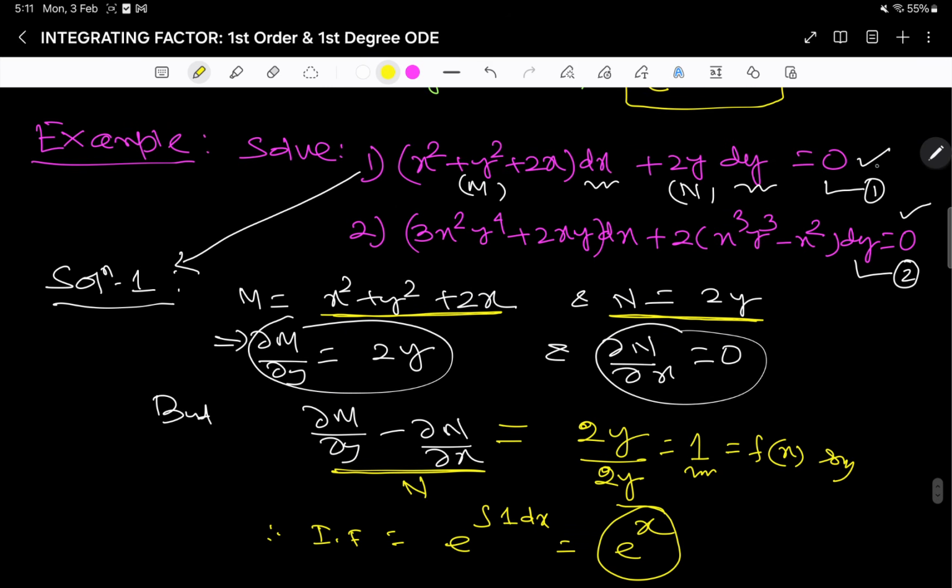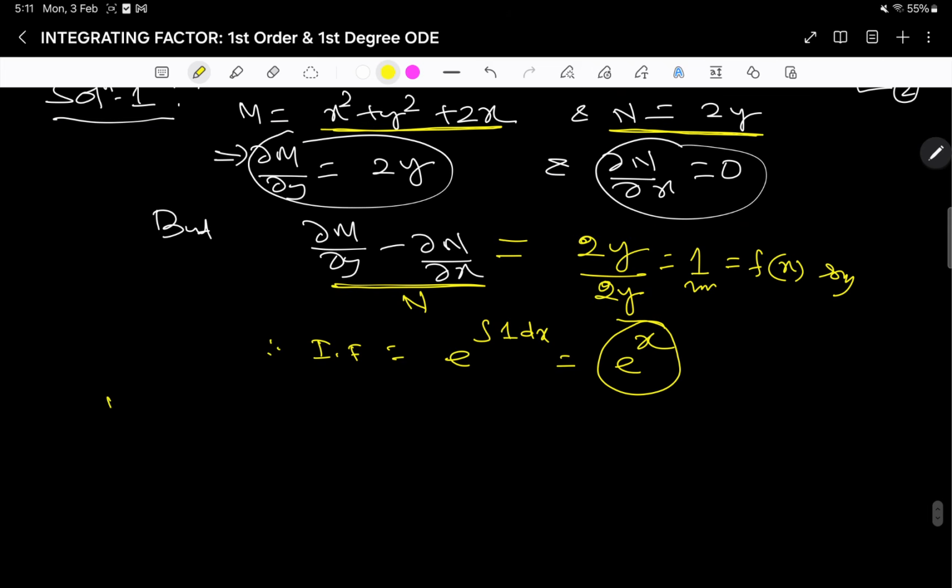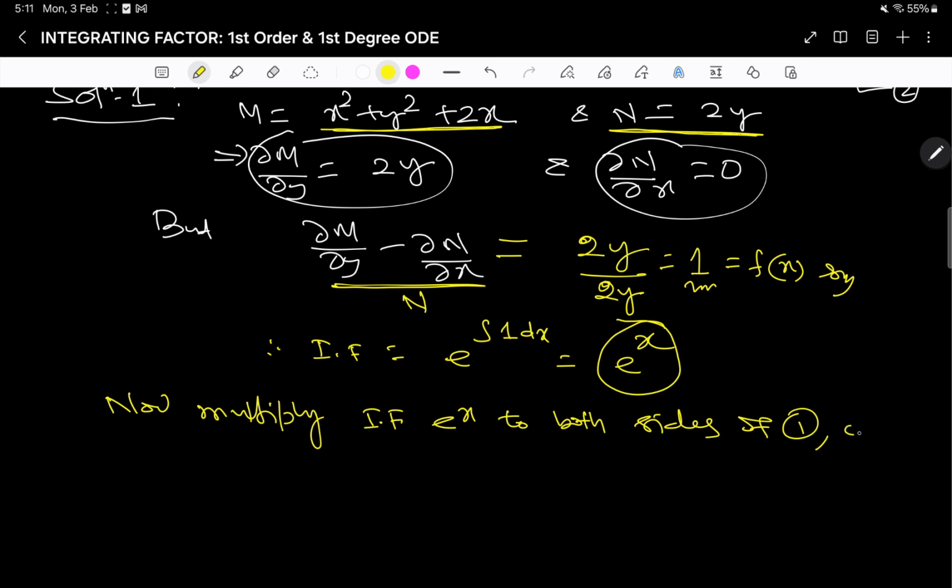Now multiplying the integrating factor e to the power x to both sides of 1, it becomes an exact differential equation.